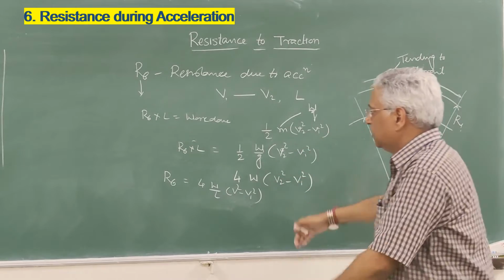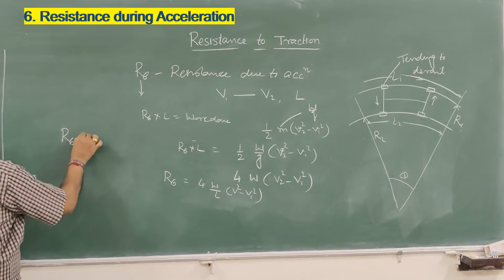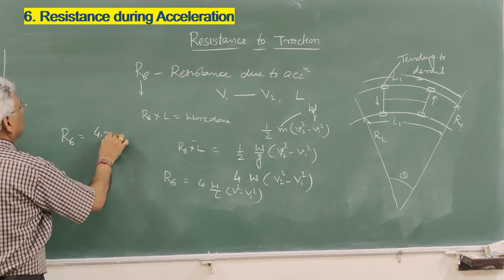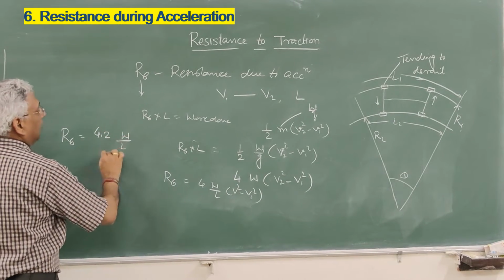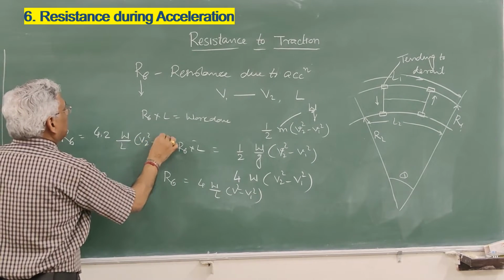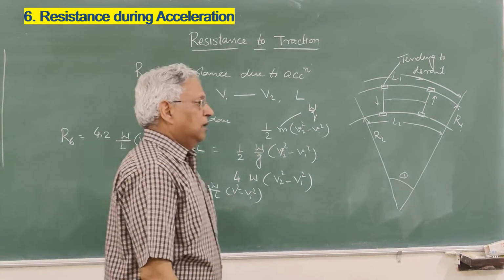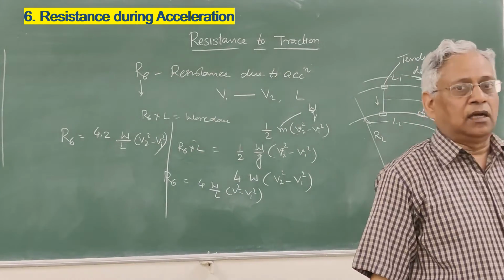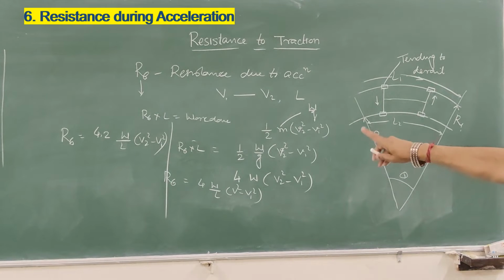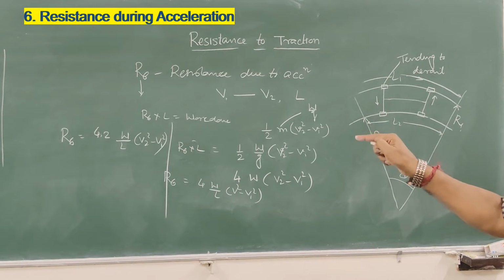If you increase this by just 5%, the total force is 4.2 W upon L into V2 square minus V1 square. Now here W is in tons, V1 and V2 are in kilometer per hour, L is in meter and the unit of R6 is kg.